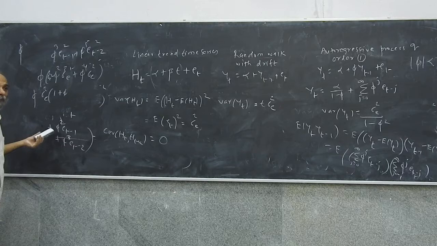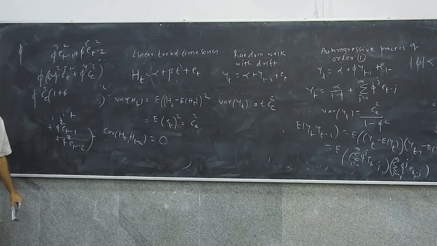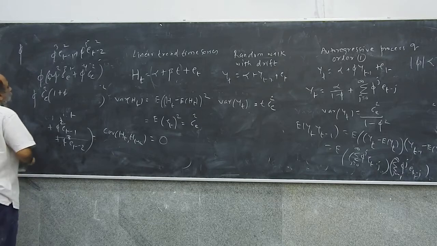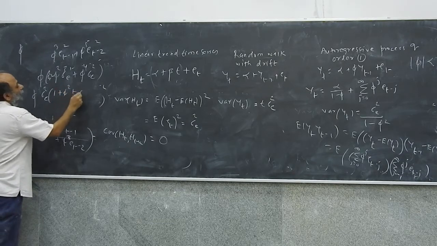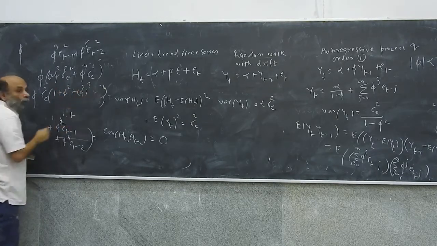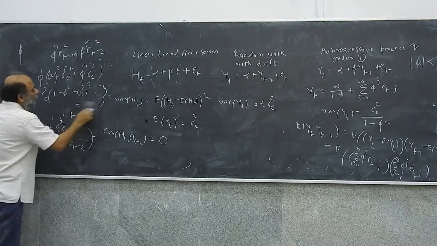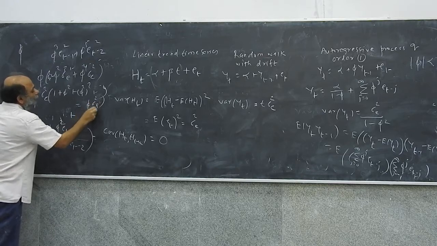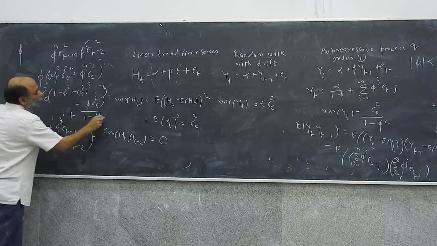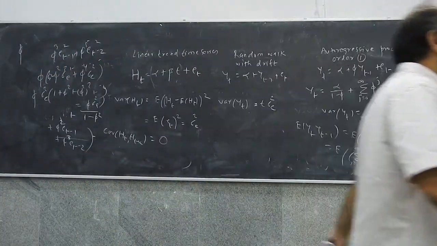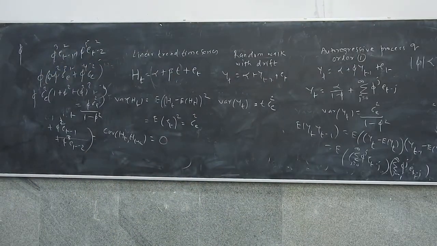E square will come, no? Because I multiply e_t with everything, so e square will come once. So I take sigma square e out common, then I get phi square, phi raised to 4 and so on. So this will become phi sigma square e upon 1 minus phi square.